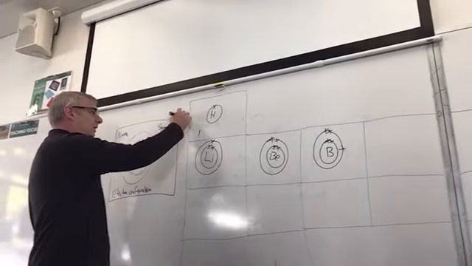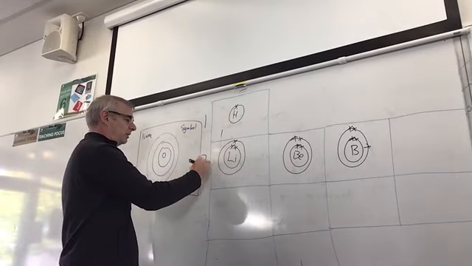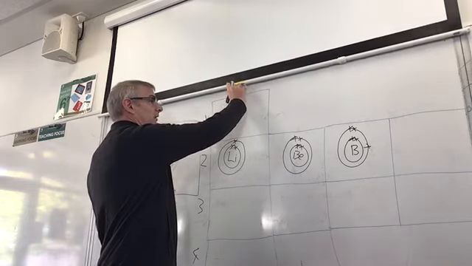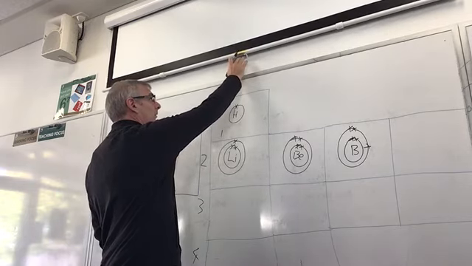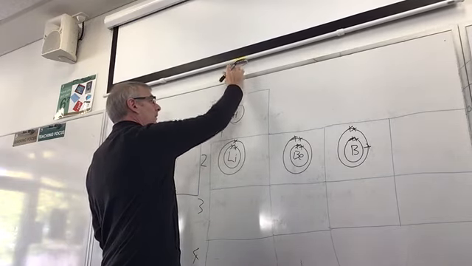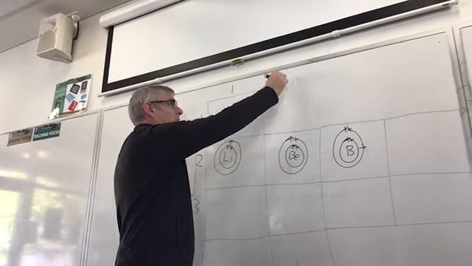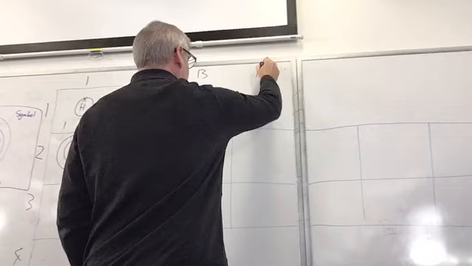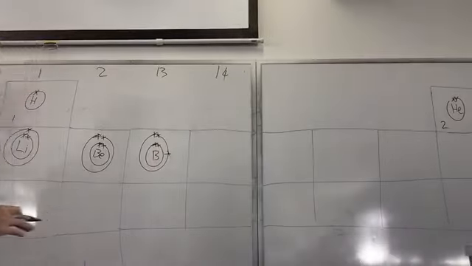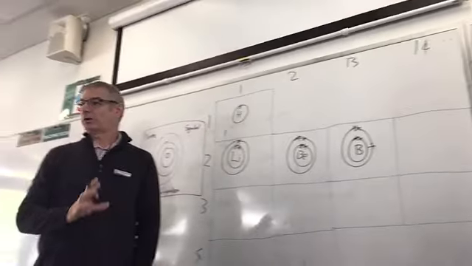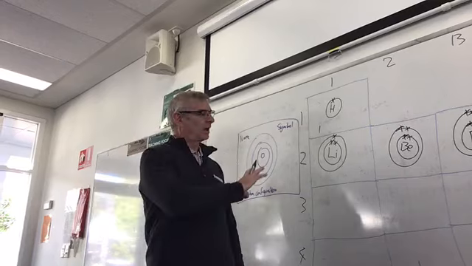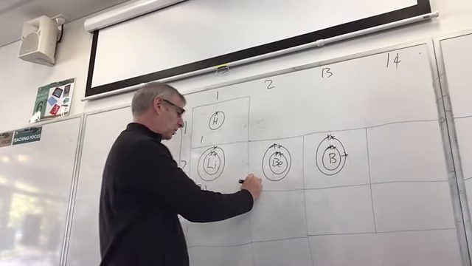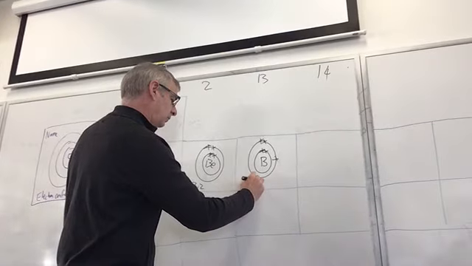So we are in period 1, period 2, period 3, period 4, and we're in group 1, group 2, group 13, group 14, and so on. So, what do we notice? Oh, so I should be putting in 2, 1, 2, 2, 2, 3.